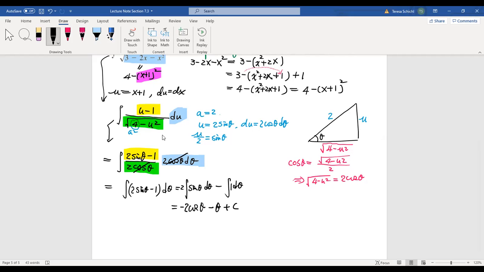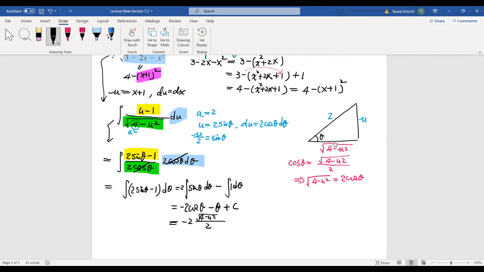Remember, everything needs to go back to x. So let's put it back. Negative 2 cosine theta. What is cosine? Adjacent over hypotenuse, so negative 2 times the square root of 4 minus u squared over 2. Am I right? That's good.